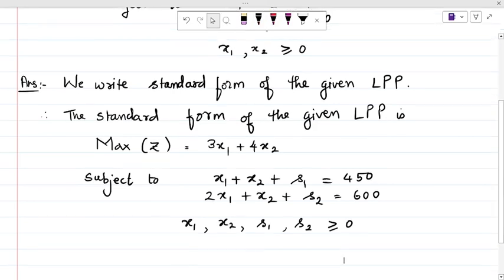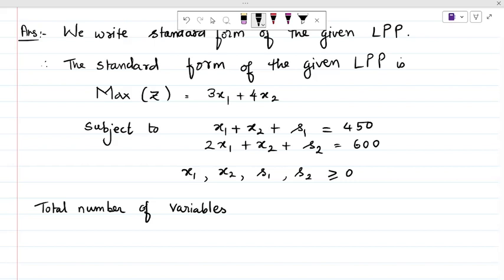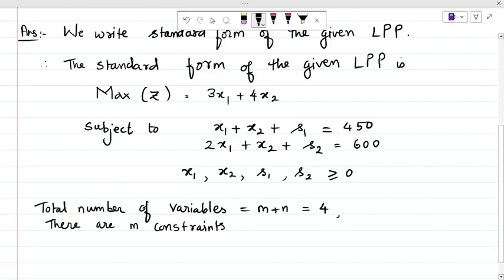Now we write down over here the total number of variables is equal to m plus n, which is equal to 4, right? And there are m constraints. So m is 2.